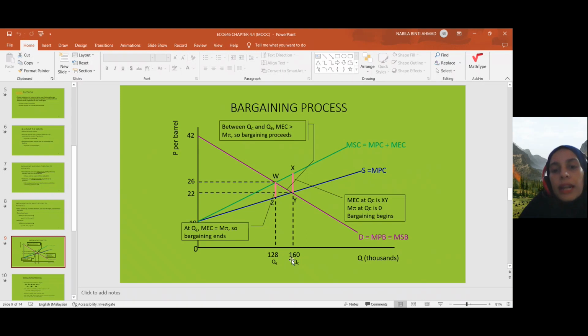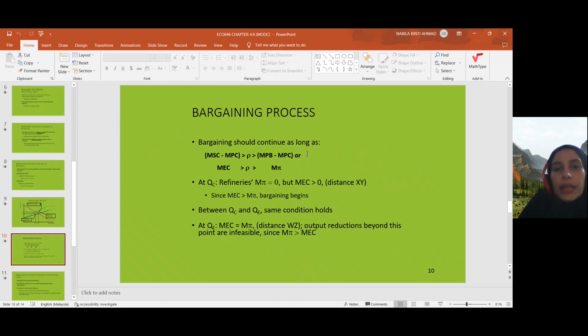Whenever the marginal external cost is greater than marginal profit, the bargaining process will continue until the marginal external cost equals the marginal profit.